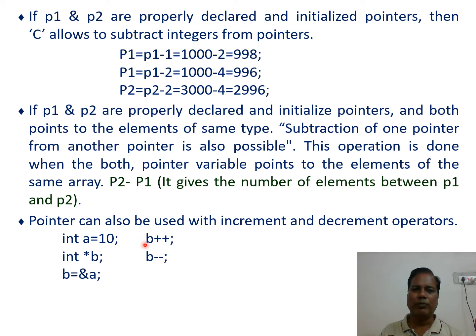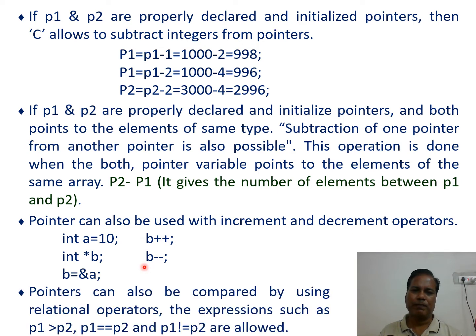That is, the value of pointer variable b can be incremented as well as decremented by 1. Pointers can also be compared using relational operators, for expressions such as P1 greater than P2, P1 double equal P2, that is, these two pointers are equal, and P1 not equal to P2 are allowed.